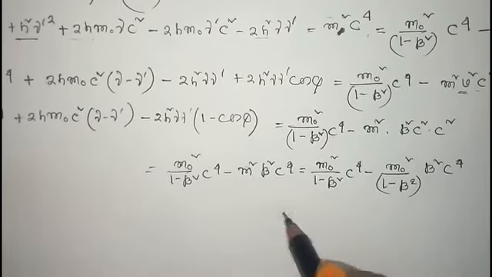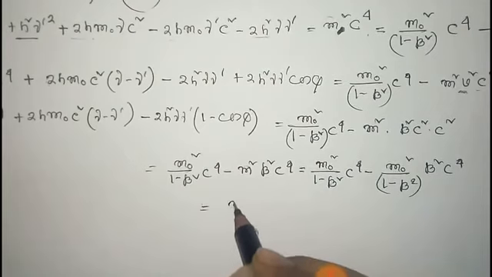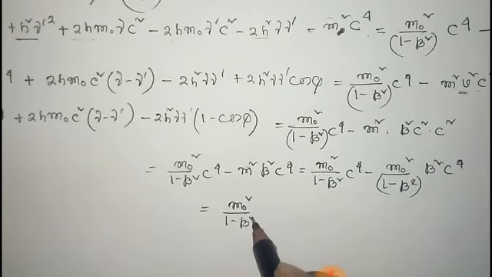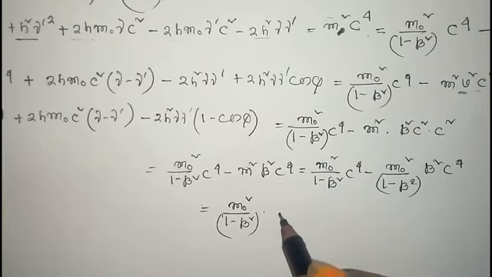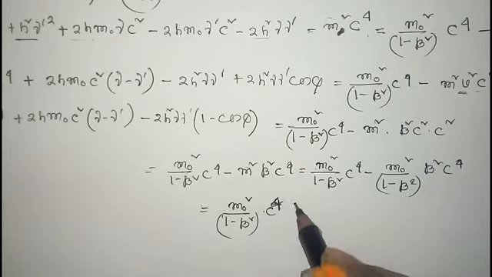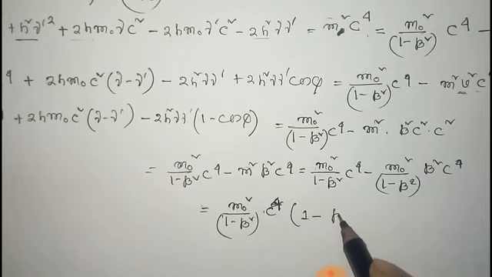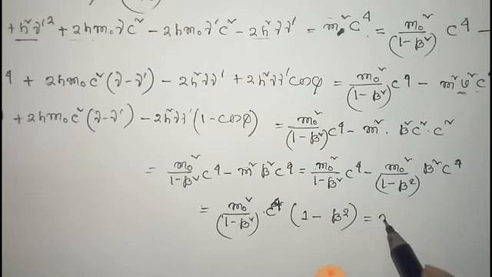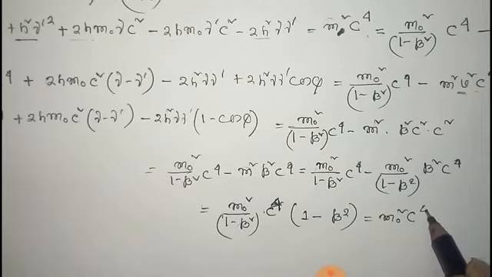Okay, and that is equal to m naught square by 1 minus beta square. We take c to the 4 common, so that will be 1 minus beta square. After taking this common, this term cancels out, so it will be m naught square c to the 4.